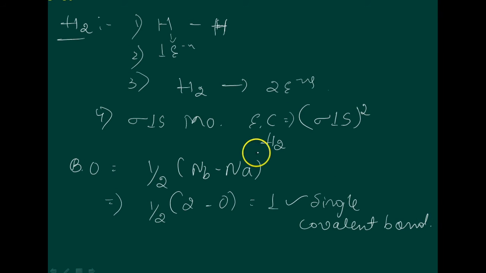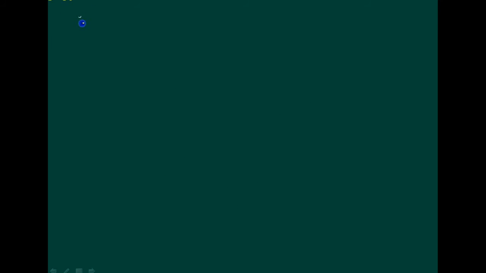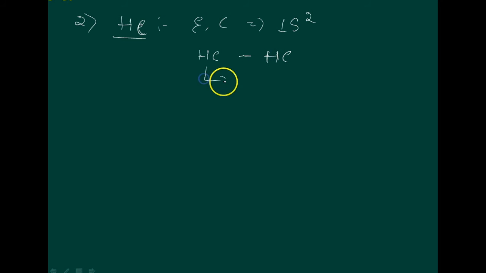Next is helium. The electronic configuration of each helium atom is 1s square, so each has two electrons, and the helium molecule consists of four electrons.